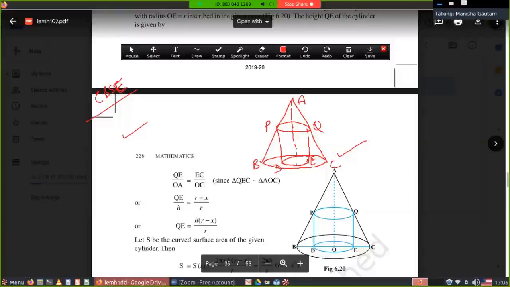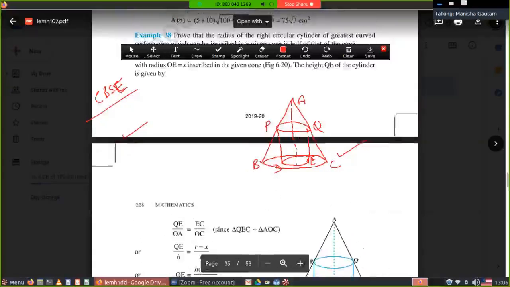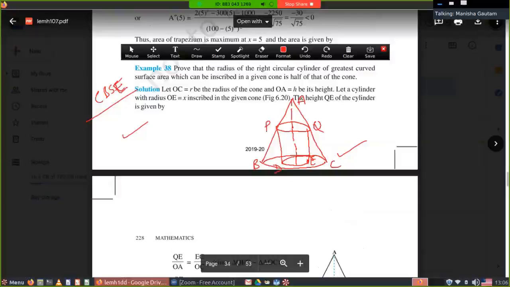Now, what are the measurements we have to see here? OC is given. This is O. Let OC be R, the radius of the cone. You can see here, this is R, the radius of the cone.